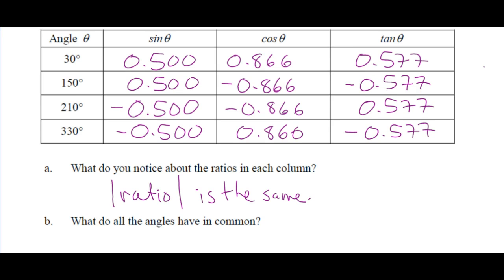What do the angles have in common? 30, 150, 210, 330. It's got to do with, you should reference something. Multiples of 30, but what would you like to reference? Their reference angles are all the same. So each of these angles has a reference angle of 30 degrees.